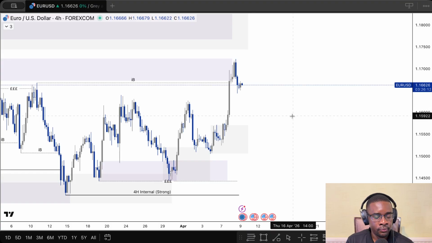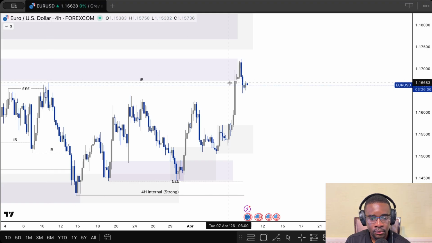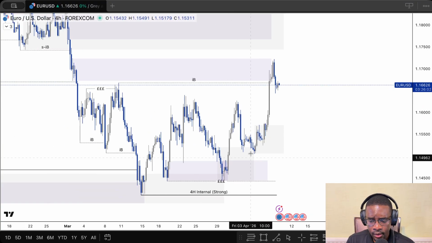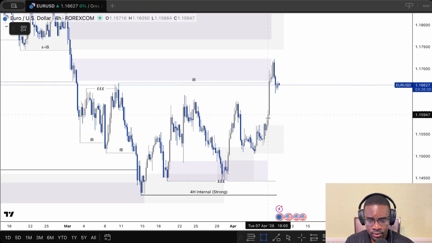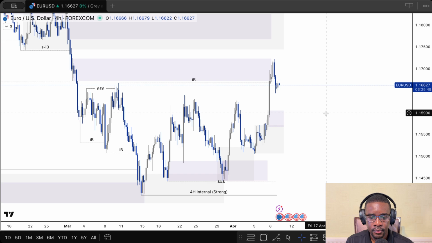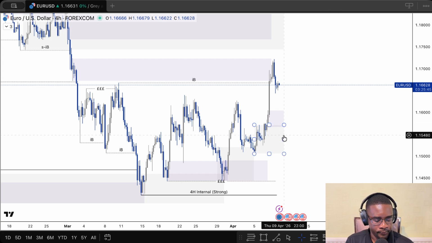On the 4 hour, we have nothing clear at the moment. We don't have anything that's very clear. So I'll just mark this area as an area of interest for the moment.